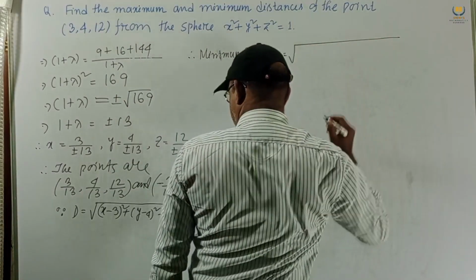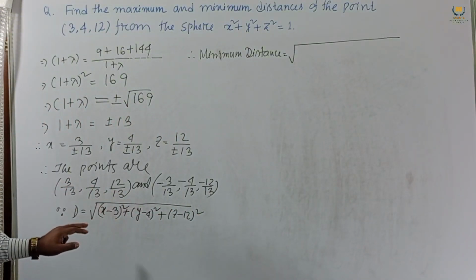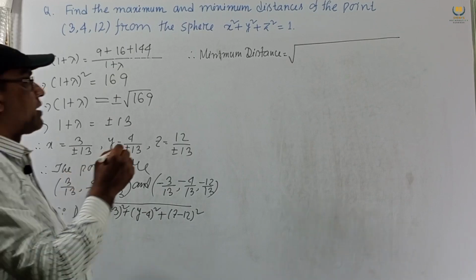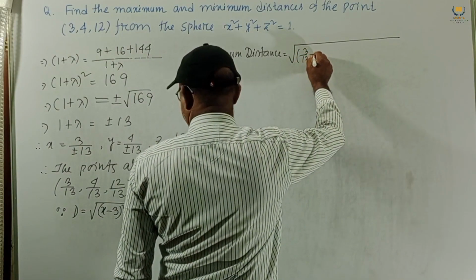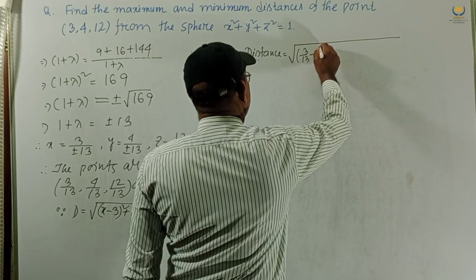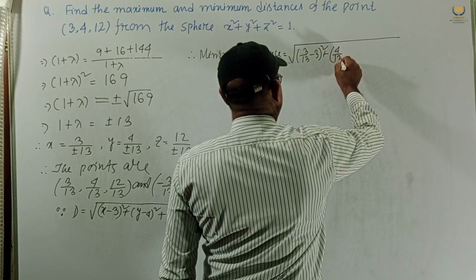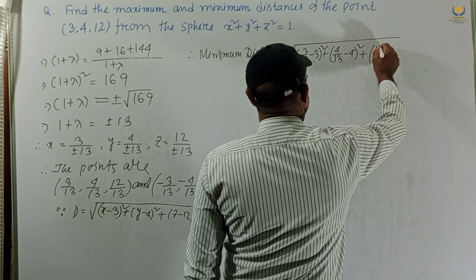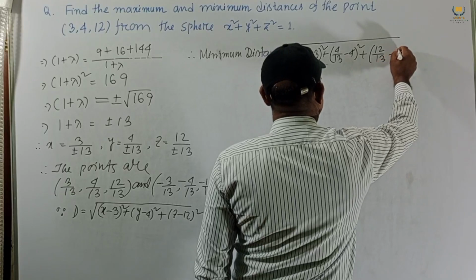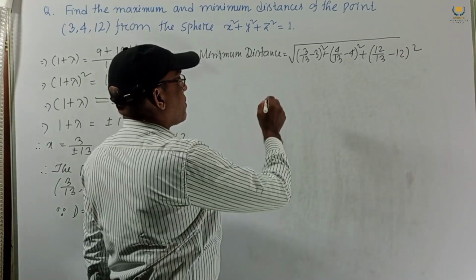Root over, for the first point, putting this point in place of x, y, z, x is 3 by 13. This is 3 by 13 minus 3 whole square, 4 by 13 minus 4 whole square, 12 by 13 minus 12 whole square. We get this one.